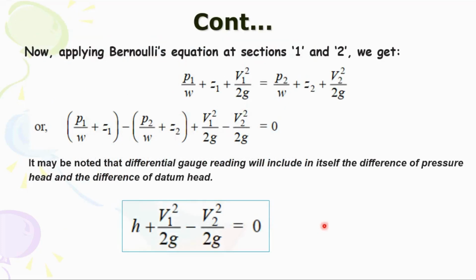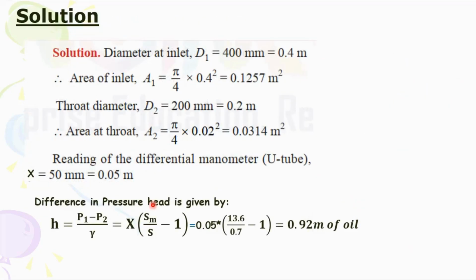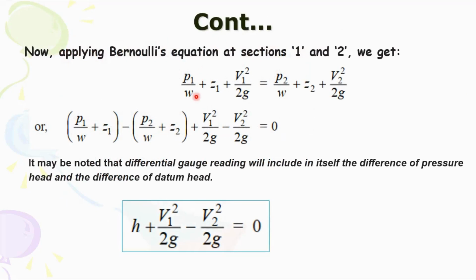So now you can apply Bernoulli's equation at section 1 and section 2. This is section 1. Then section 2 is this one. So don't forget to consider the inclination angle. Now P1 over specific weight plus potential head at section 1 plus velocity head at section 1 equals the pressure, potential, and velocity head at section 2.